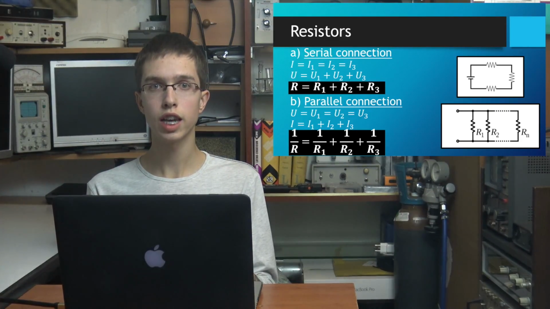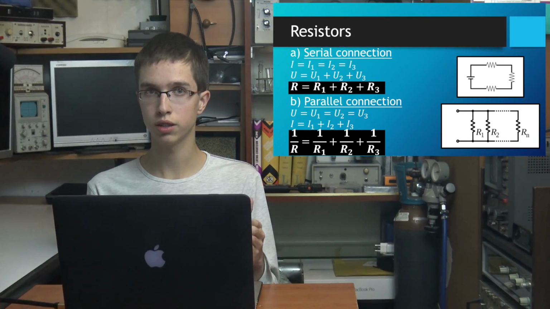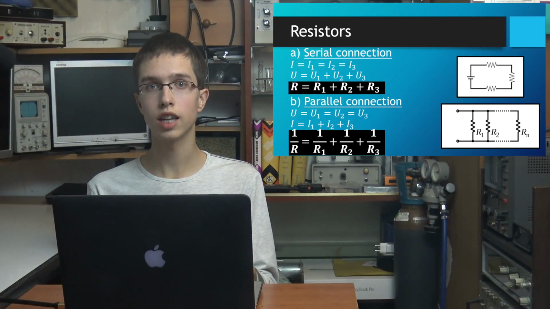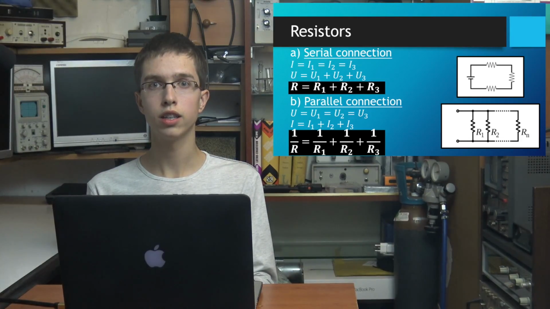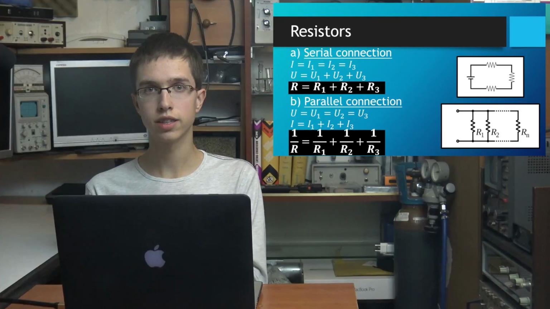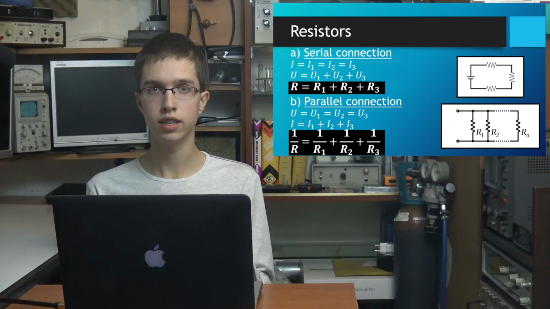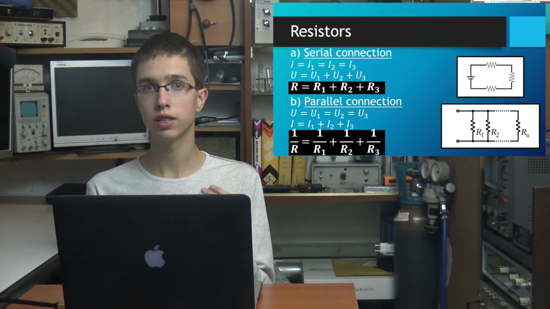Here the voltage drop is the same on all resistors, so U is U1, is U2, is U3, but the total current is the sum of all currents going through the resistors, because current I goes in 3 directions through 3 wires, so it's divided into 3 smaller currents, I1, I2 and I3, at the place of the first point, so at the node, and then these 3 parts come together at the second node, the right node on the scheme.